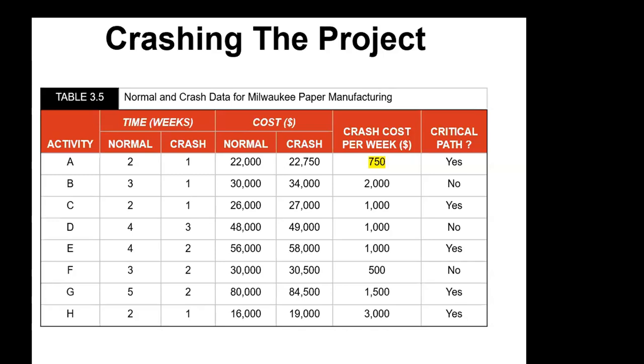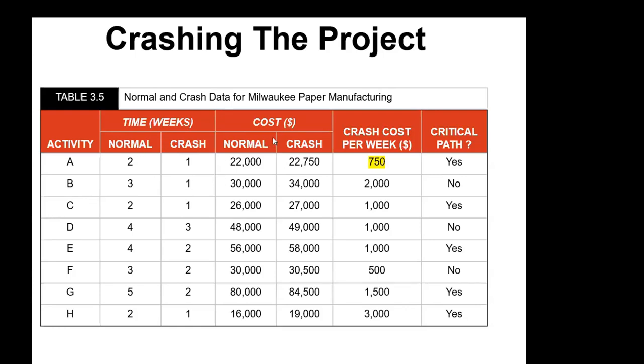In that example, we have information like normal time, that is the normal time it takes for us to complete the activity, and the crash time. So the crash time, activity A can crash by 1, B by 1, right?